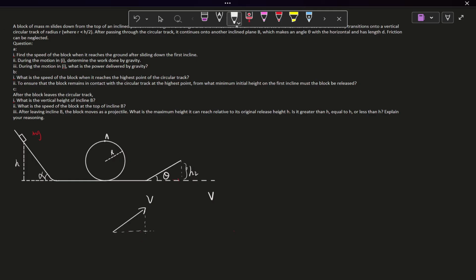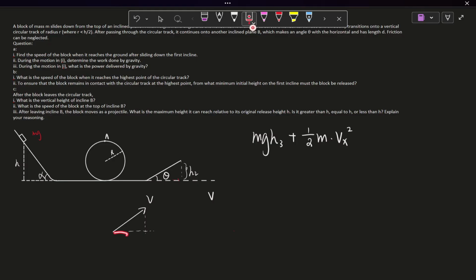So at the maximum height, it actually has the mechanical energy of mgh3 plus 1 half m times vx squared. Because you already learned the projectile motion, right?